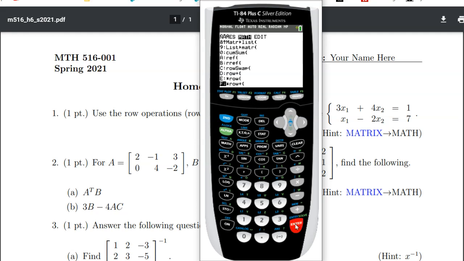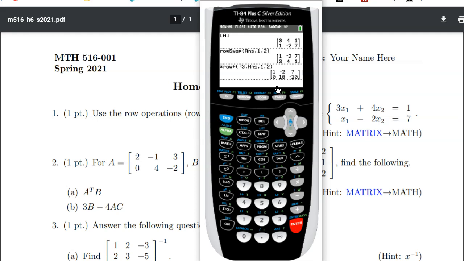We're going to multiply the first row by -3 and add it to the second row. So it's going to be -3, then comma. Then we use the previous matrix, so you use answer, and multiply the first row, so it's going to be 1, then add it to the second row. Then hit enter.